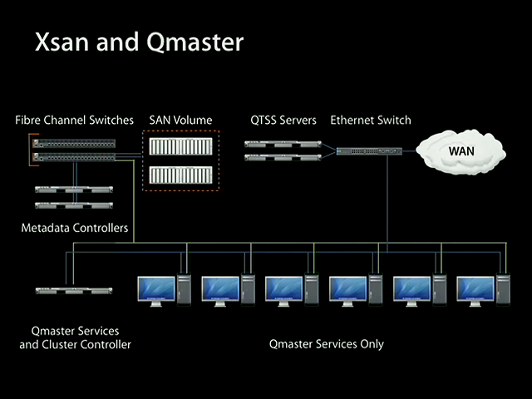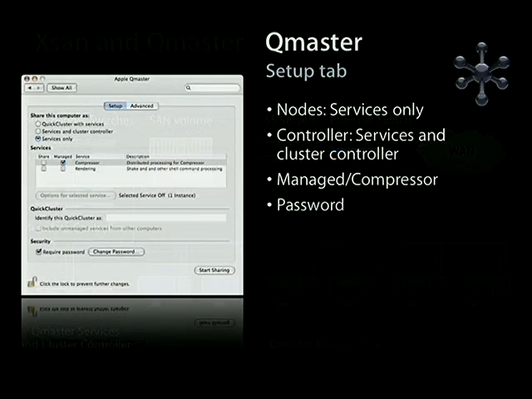We do have one Xserve that acts as our QMaster services cluster controller machine that does little else in the network, in addition to the other Xserves we have that are QuickTime streaming servers. The QuickTime streaming servers obviously are the ones that distribute the files on demand and live to our users throughout.